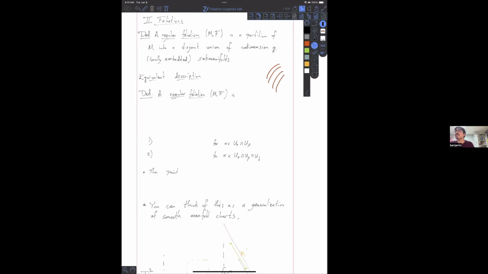And so there's several equivalent descriptions of this, but one that I'll use is that a regular foliation is: you have an open cover by some open sets of M, and you have charts to R^Q, where this Q is the same codimension, which are submersions.